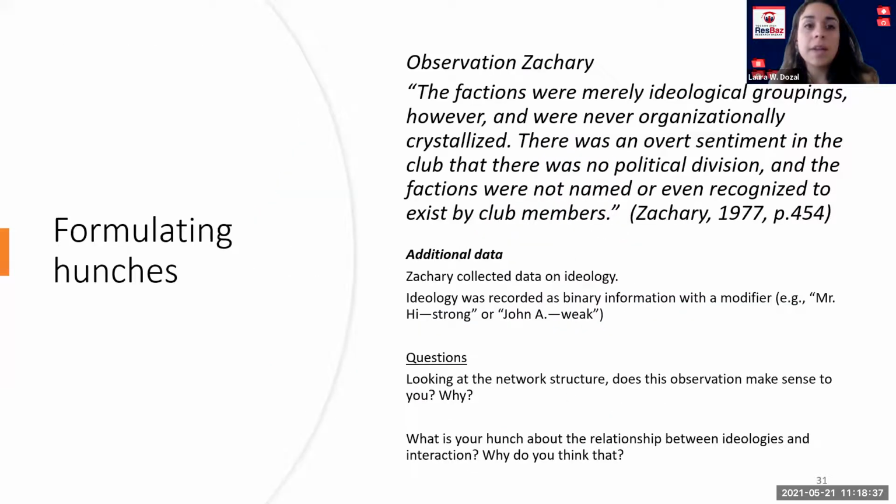And now we want to look at formulating hunches and trying to understand maybe ideas or ideologies that might split the network into its own groupings. So Zachary states the factions were merely ideological groupings, however, and were never organizationally crystallized. So there was an overt sentiment in the club that there was no political division, and the factions were not named or even recognized to exist by club members.